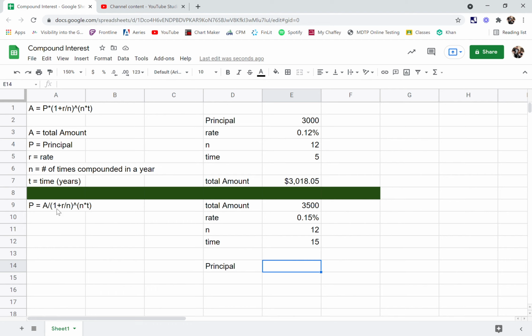For that, we are going to enter this information, and this compound formula equation looks just a little bit different from this top one. So now instead of finding total amount, we are finding principal.